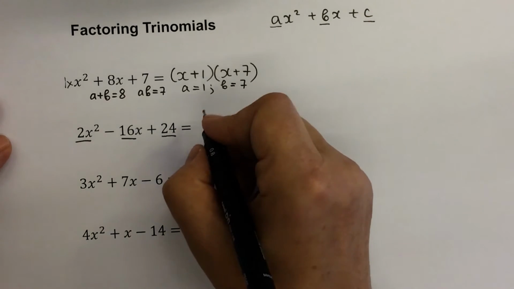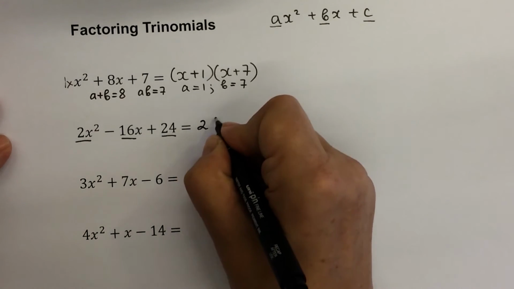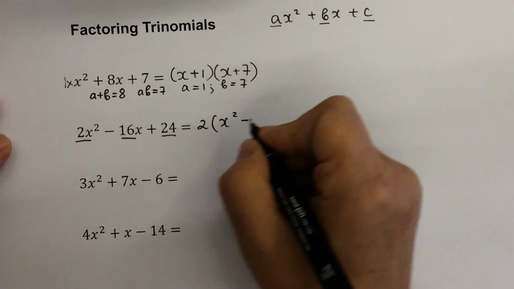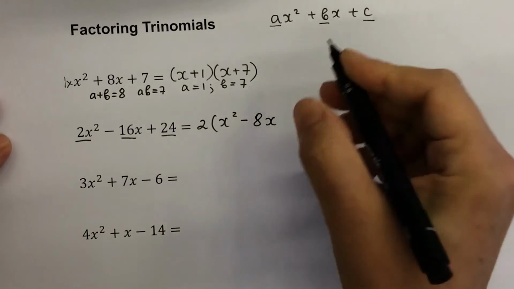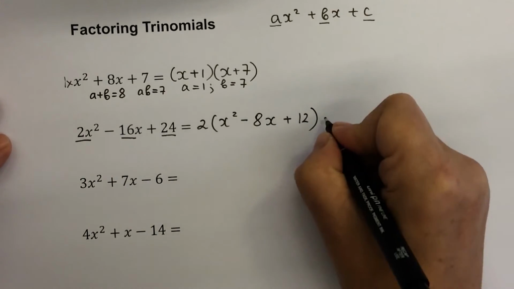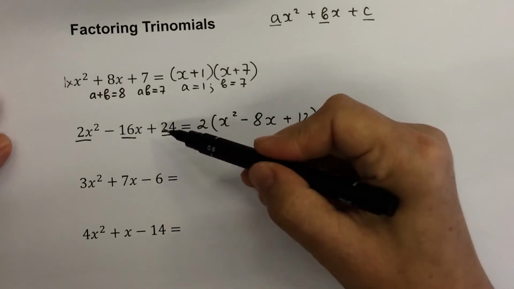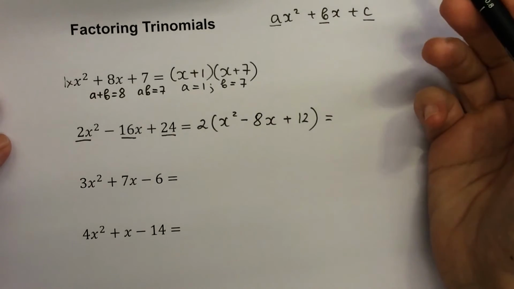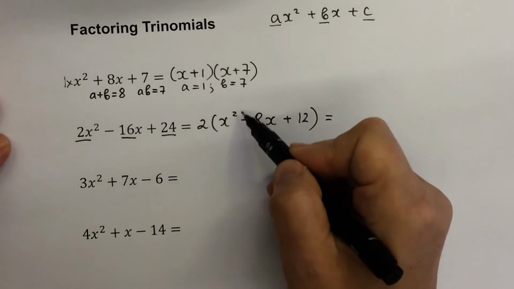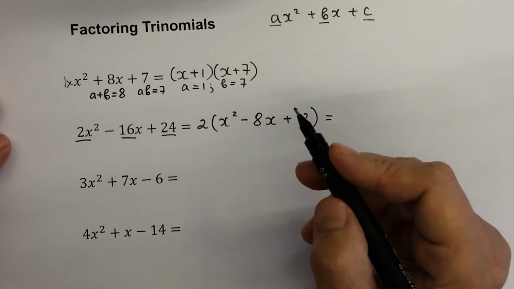So I factorize it first, and what do I get? 2 times x squared minus 8x plus 12. So I reduce this example basically to the previous one. Now I have a trinomial with coefficient for x squared equal to 1.